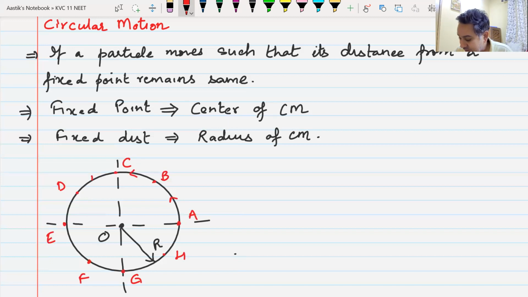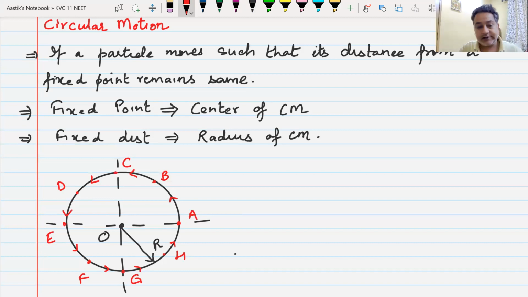If it is moving like this, the motion would be known as circular motion. Do we understand this? Yes or no? Simple, it's moving on a circular path. This motion is known as circular motion.